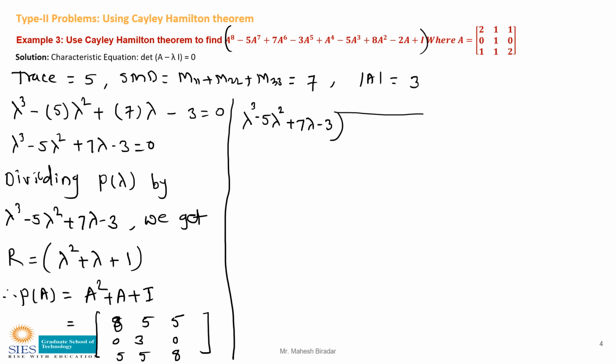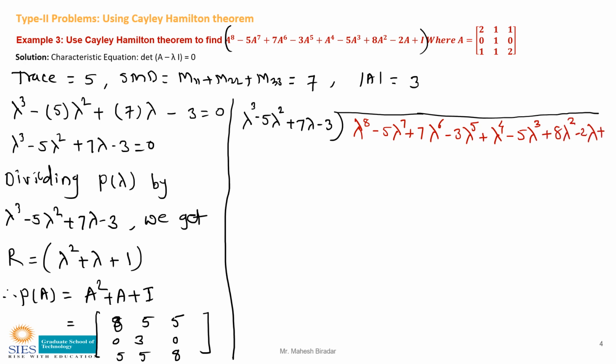This is the divisor, and the dividend is lambda raised to 8 minus 5 lambda raised to 7 plus 7 lambda raised to 6 minus 3 lambda raised to 5 plus lambda raised to 4 minus 5 lambda cube plus 8 lambda square minus 2 lambda plus 1. So whatever polynomial in A, you can replace it by lambda just for the division, because we cannot actually divide in matrices.